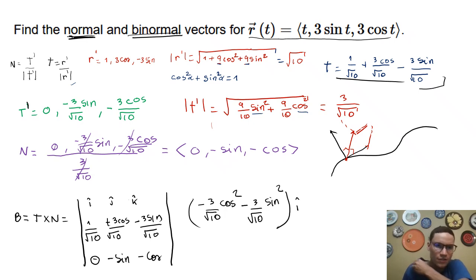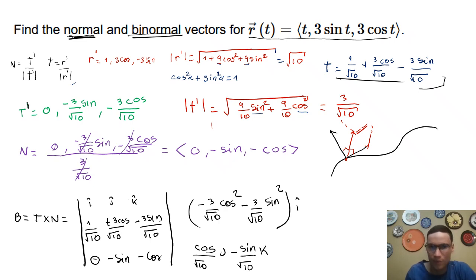On j, what we have on j, here we got 0, and in the other direction we got cosine divided by the square root of 10. This will be j. And k, here we got 0, and in the other direction we got minus sine divided by the square root of 10. This is k.